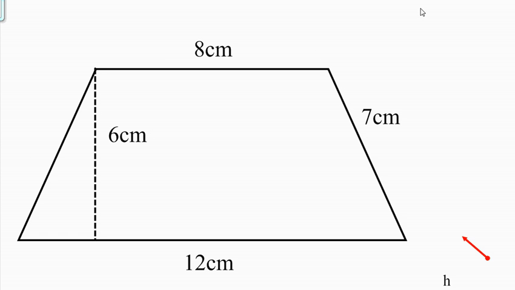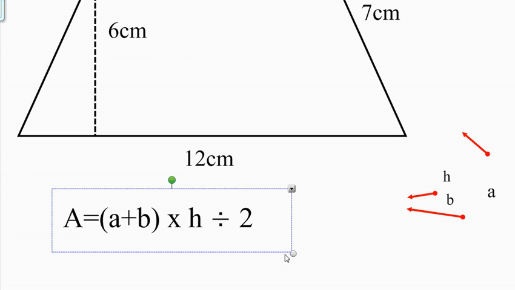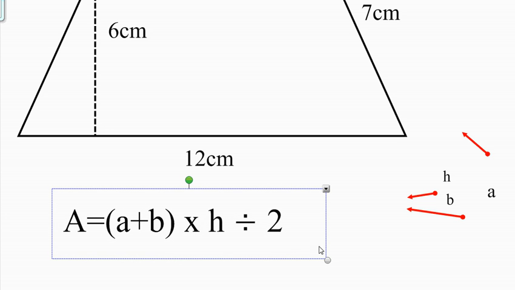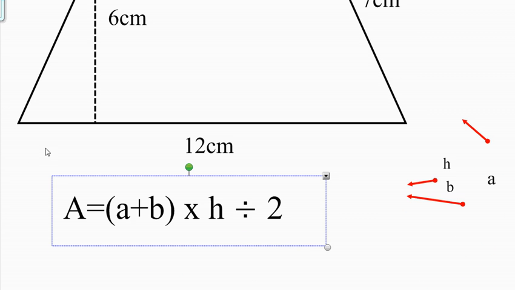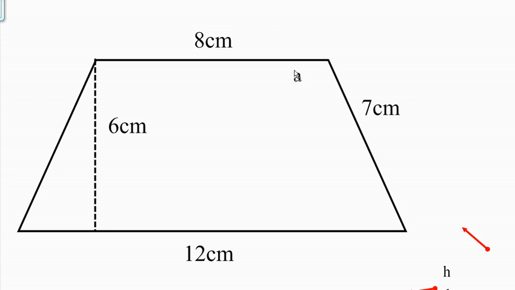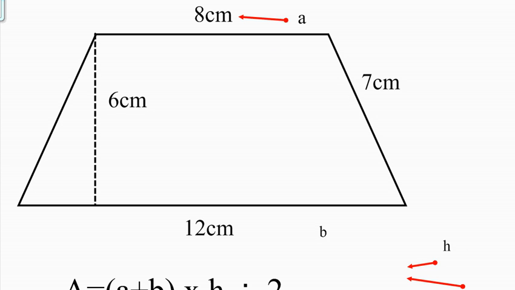The last one is using the formula. So it's a little different than what we've done before. This time, the formula we're looking at is area equals (A plus B) times H divided by 2. Now, I know it seems kind of confusing at the moment, but bear with me. I'll show you what all those things are. So the first thing is A. A here is the top number of the trapezoid. 8 centimeters is A. B, I always say B is bottom.